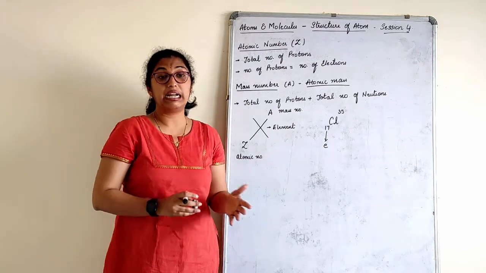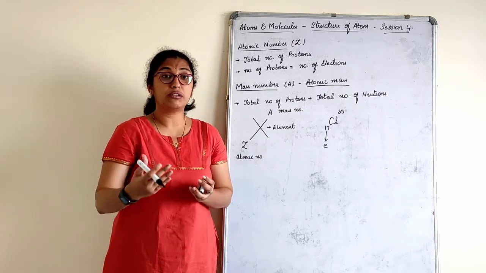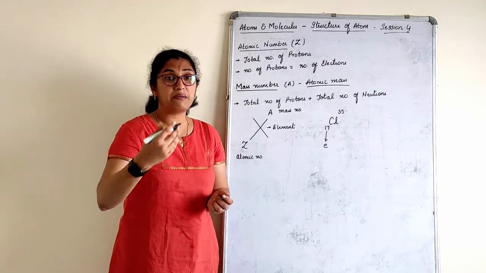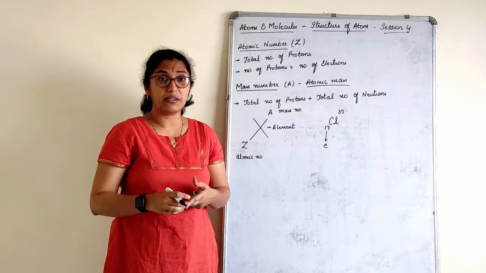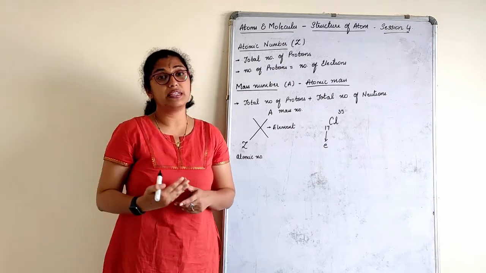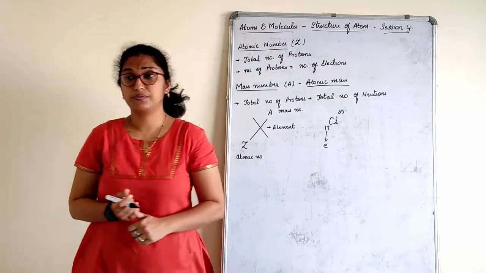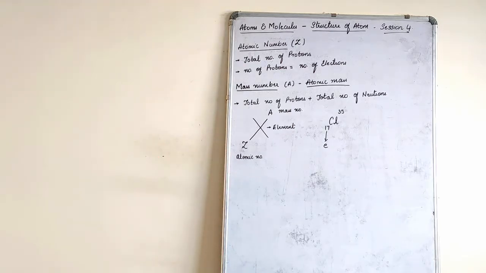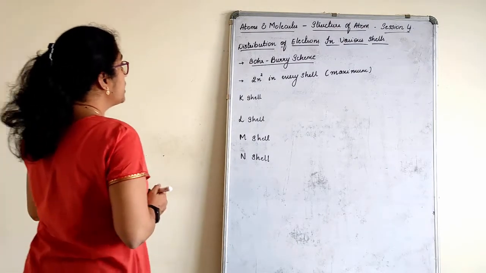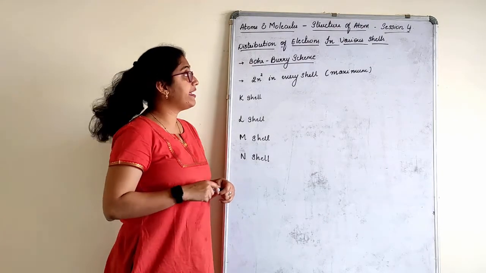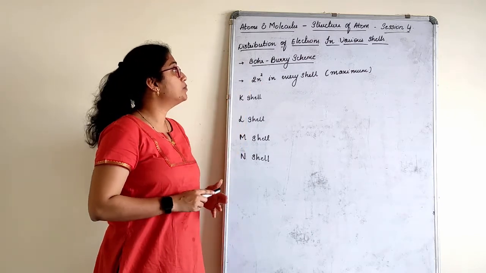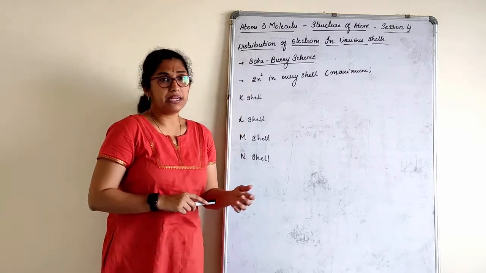We will understand how these electrons are distributed in particular elements, for example hydrogen, oxygen, carbon, nitrogen, and how the electron distribution is in each of these elements. So the distribution of electrons in various shells is in accordance with the Bohr-Bury scheme given by Niels Bohr.